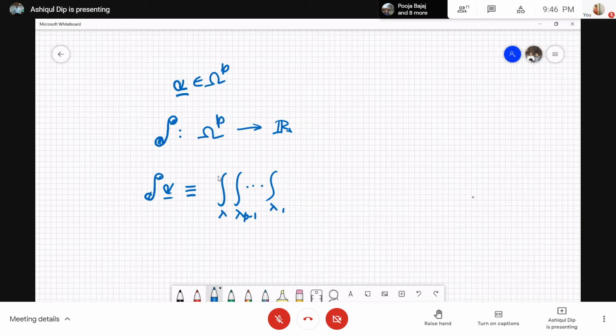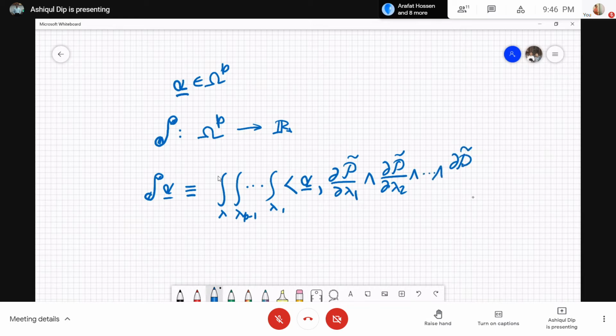Definition is piercing of alpha with delta p by delta lambda 1, delta p by delta lambda 2, wedge up to delta p by delta lambda p. P is the point, so delta p by delta lambda something is basically a vector.